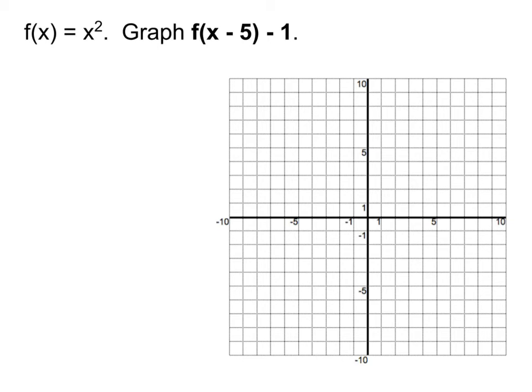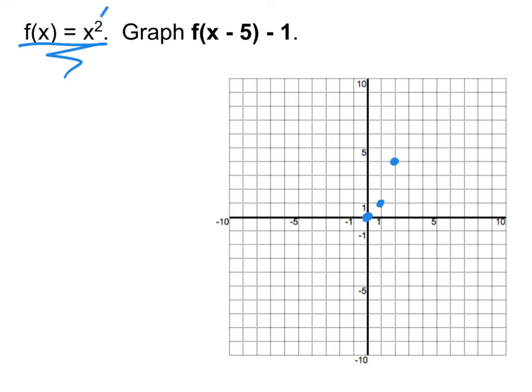So let's first take a look at what the graph of f of x equals x squared would look like. That's our basic parabola graph, the U-shaped graph. If you're ever not sure about it, you can always just say, well, I'm squaring it, right? So 0 squared is 0, so I go over 0, up 0. 1 squared is 1, so I go over 1, up 1. 2 squared is 4, so I go over 2 and up 4.